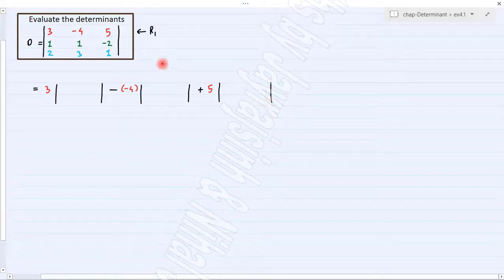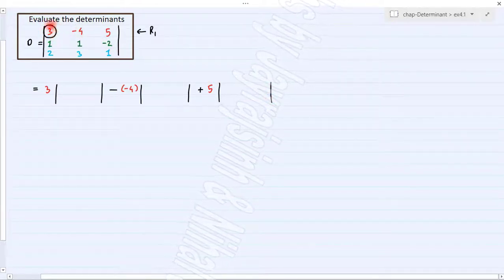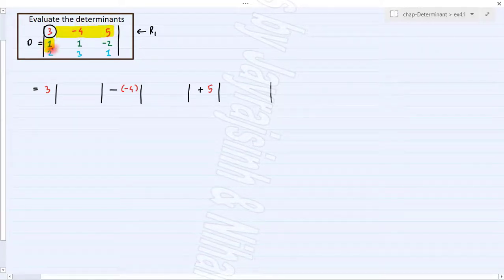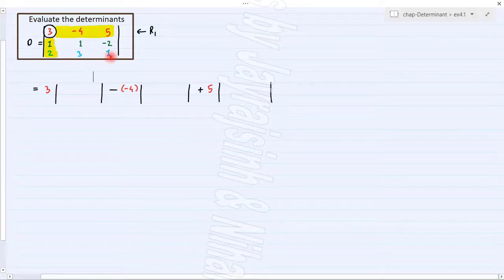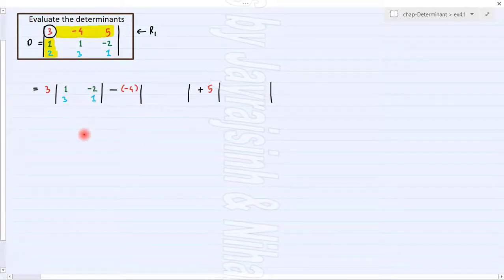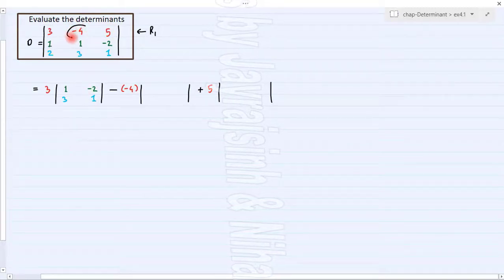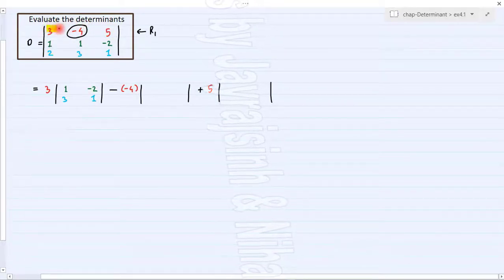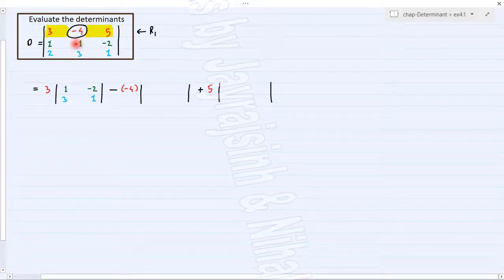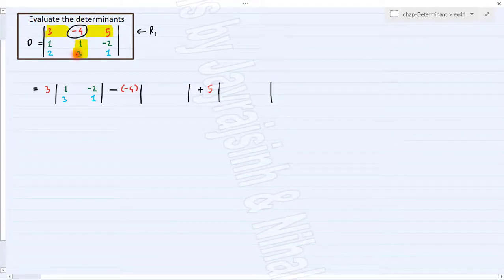Now let's find out minor. The minor of first element can be obtained by ignoring its first row and first column. So here we'll get 1 minus 2, 3 1. Then the minor of next element can be obtained by ignoring its first row and its second column.